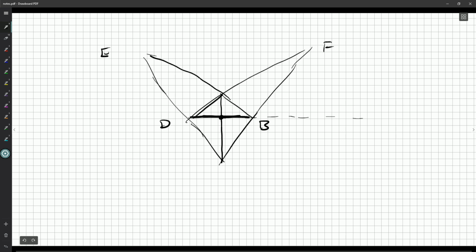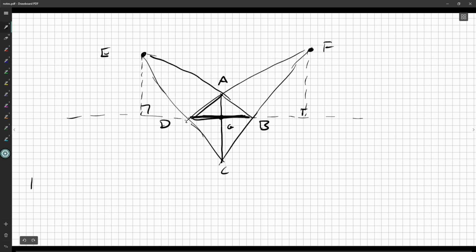If I were to extend it outwards, we can drop from F and E some perpendiculars, some heights. But DB is the base. Let's put A here and G here and C here. But so DB is the common base. So if they have the same base and the same area, they must have the same height.